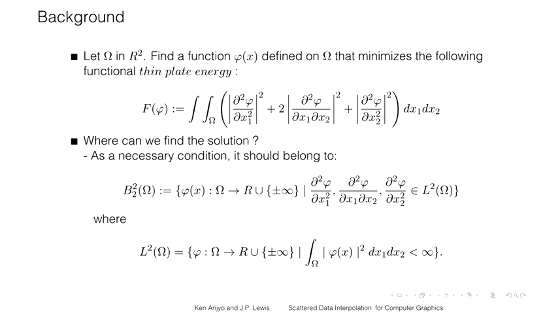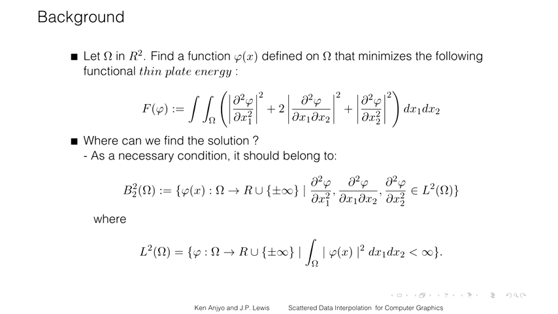It's a condition to guarantee that the energy term is a finite value. The L2 notation is probably familiar to you. The L2 space is defined as the totality of functions which are square integrable. So the second derivative should belong to that space.